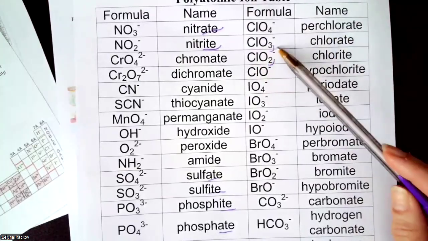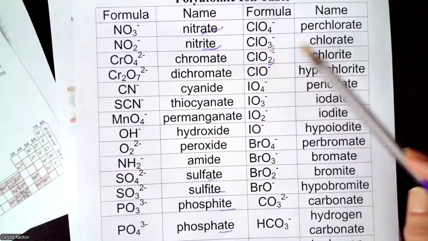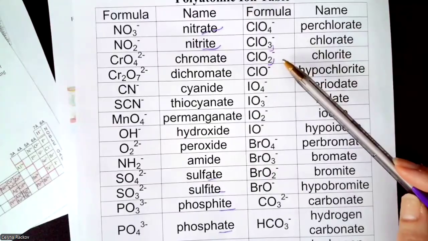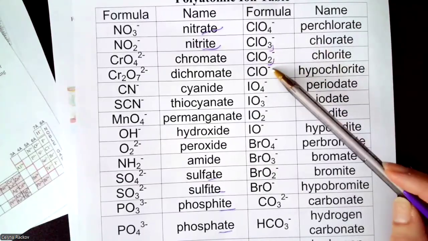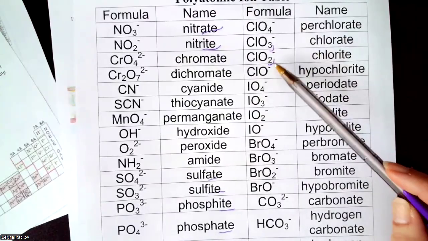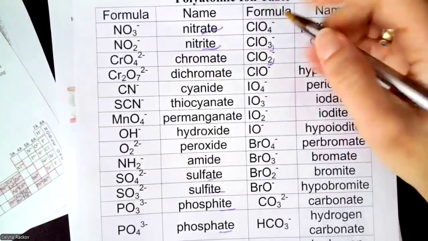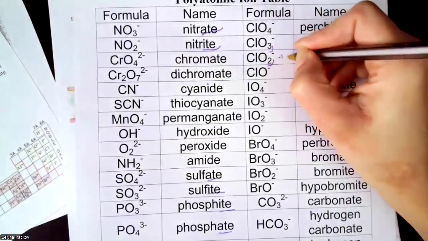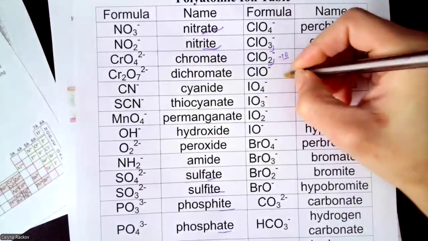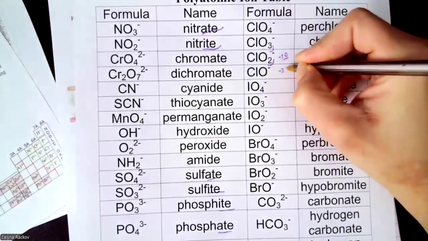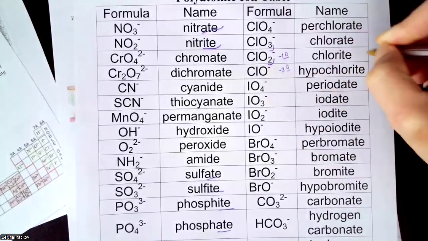Now, if you have 2 oxygens less from the original, it will be hypochlorite. So minus 1 oxygen will be chlorite. If it is minus 2 oxygens, it will be hypochlorite.